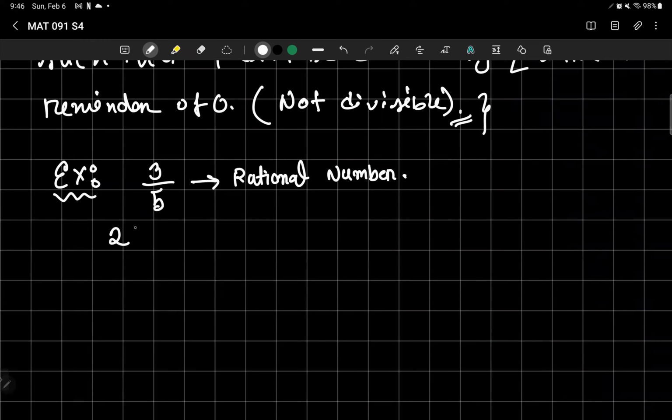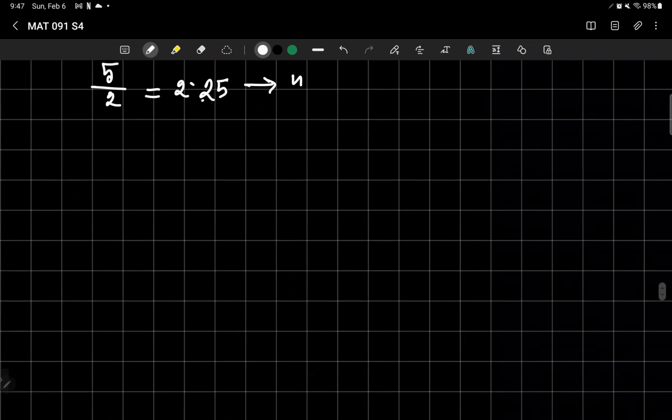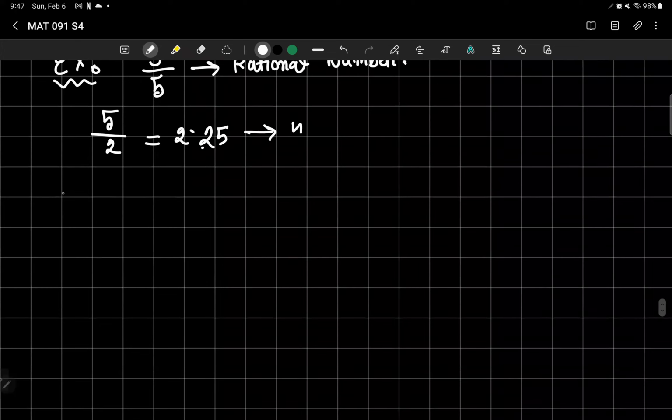We can have a number like 5 by 2, which is just 2 point what? Is it 2.25? Oh yeah, sorry, it's 2.5. Thank you, you are right. This is also a rational number.